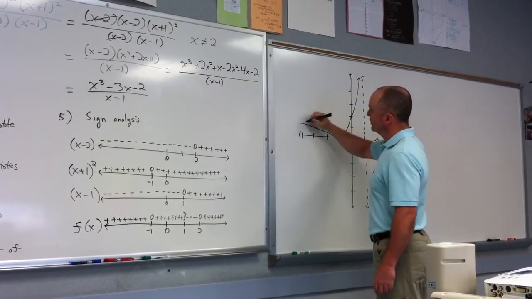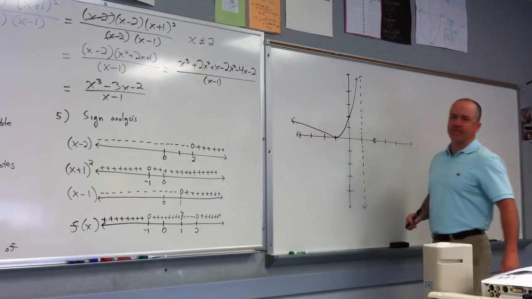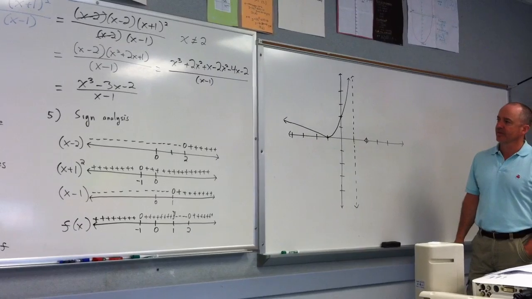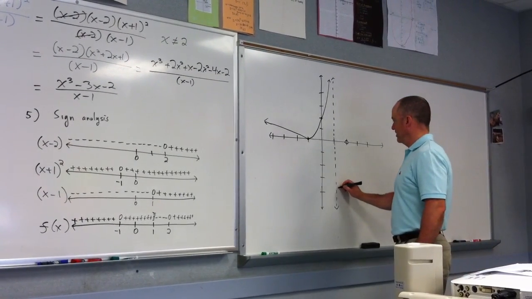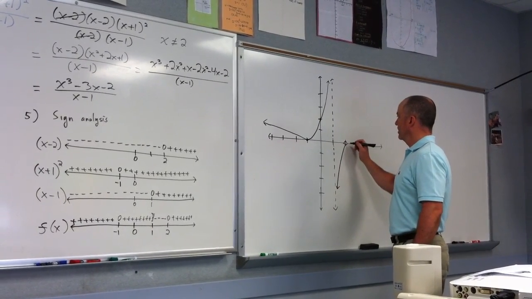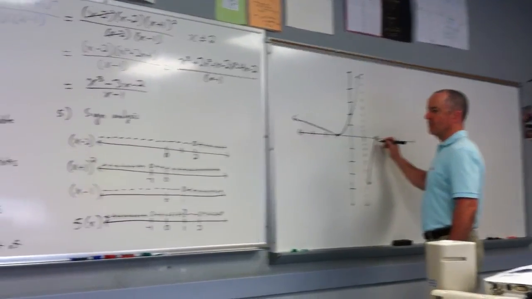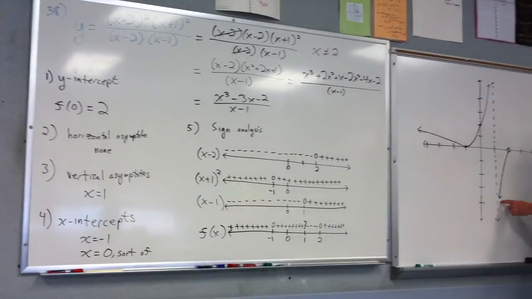And since it's positive the whole time, I don't really know what this shape will be. I get that on the right side it has to hug the asymptote. And then it hits there, but not really. And how do you know, is that because it's negative after 1? Yes, because it's negative between 1 and 2, I know it hugs it down here.